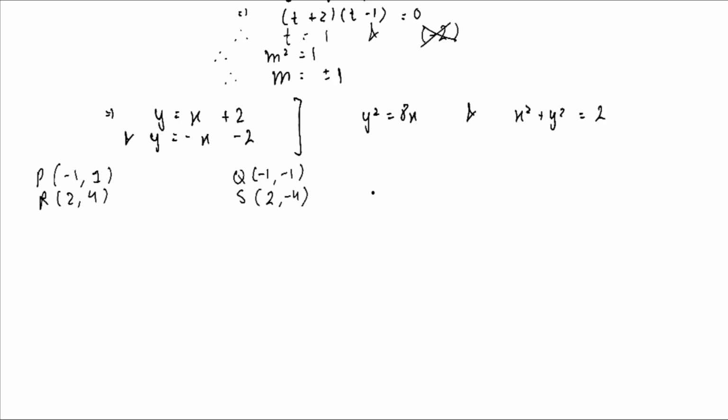So here we get the equation of the line PQ as x equals minus 1 and the line RS as x equals 2.